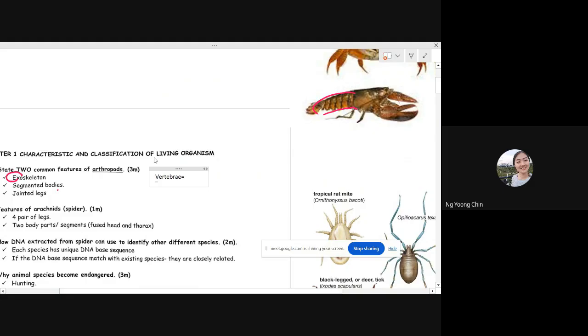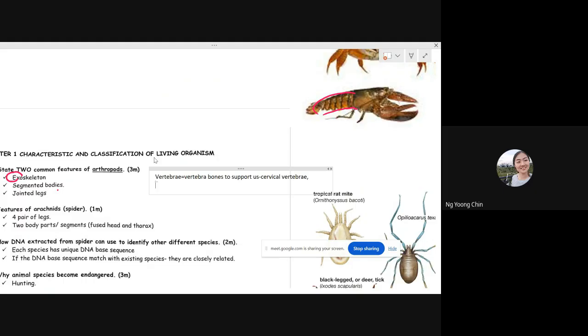That means we have vertebrae, bones to support us, such as the thoracic vertebrae. Later we'll learn this, okay?